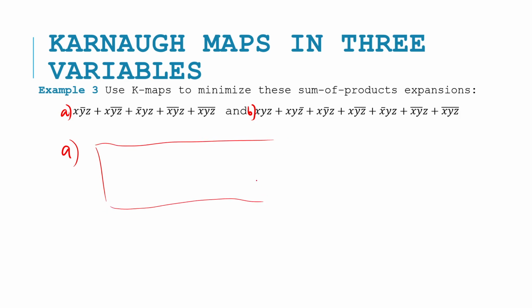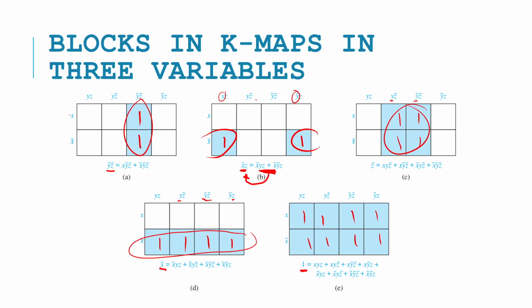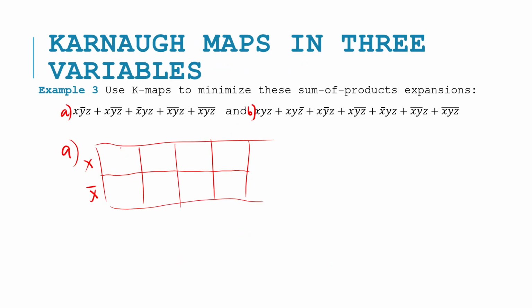Okay, here we have a K-map of 4 cells, 4 columns with 2 rows. Here we have x, and here we have x complement. And going back, you would see yz, yz prime, y prime z prime, and y prime z.